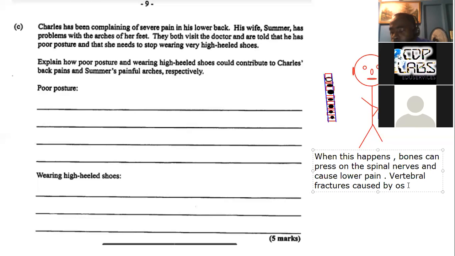Good. Now when the cartilage is damaged, the vertebrae will fracture and cause a disease called osteoporosis. Osteoporosis, that is brittle bones. The bones become brittle, caused by lack of calcium.